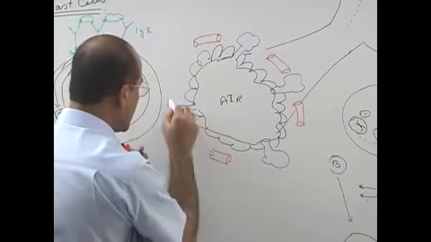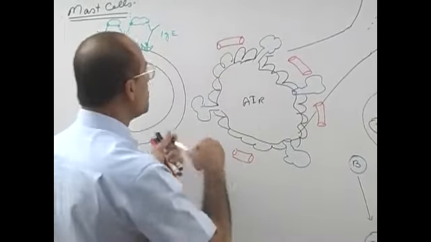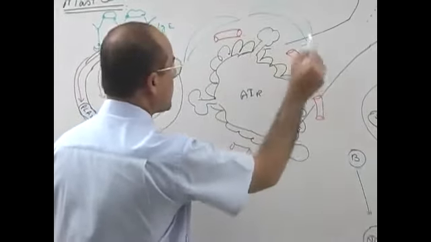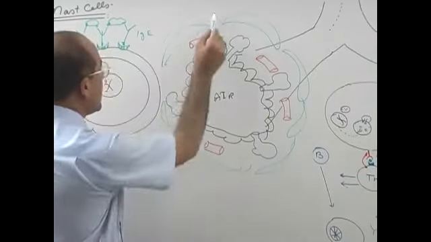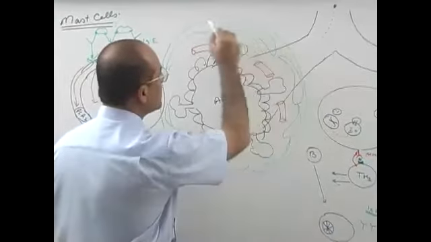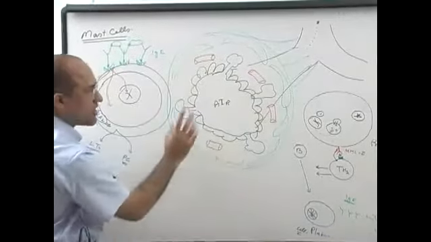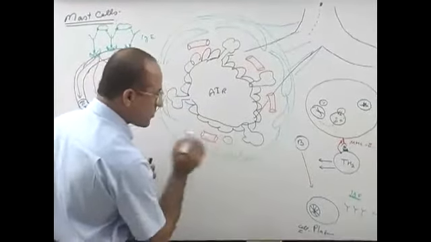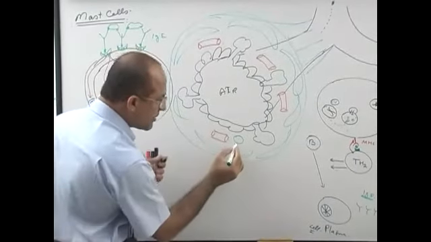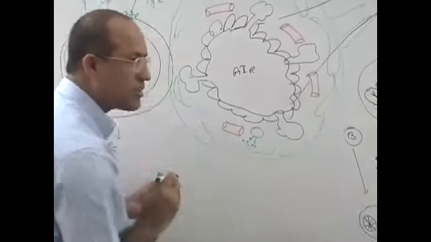You see how the real trouble starts due to activity of mast cells. These are smooth muscles around it, bronchial smooth muscle. And this is the whole bronchial system. You know, it's a section. Here is your nasty mast cell. When this mast cell is activated, it releases prostaglandins and leukotrienes.